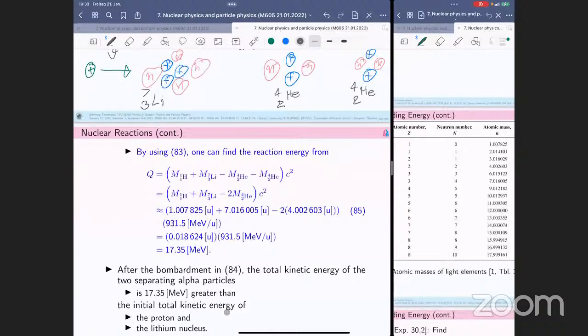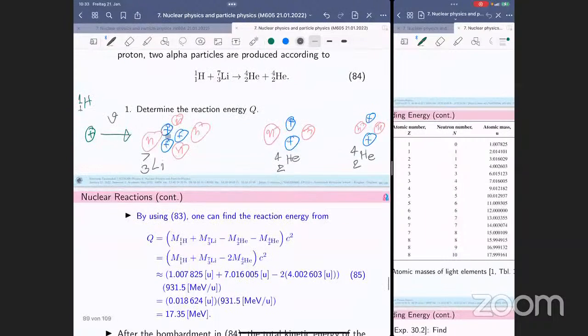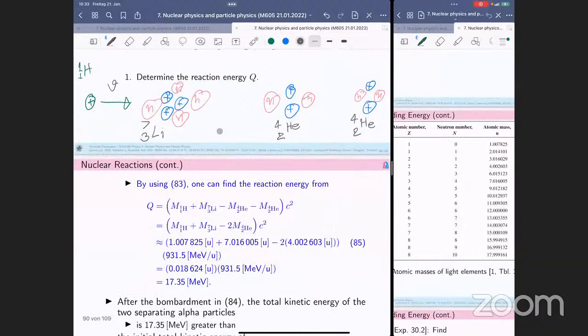Okay, the initial total kinetic energy, which is caused by the proton and the lithium nucleus here. This is the initial kinetic energy, which is from the proton. And if lithium is moving, it would also have kinetic energy.